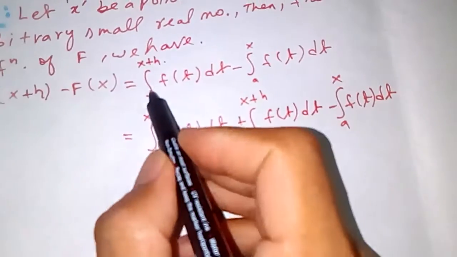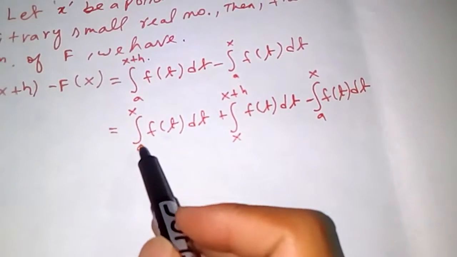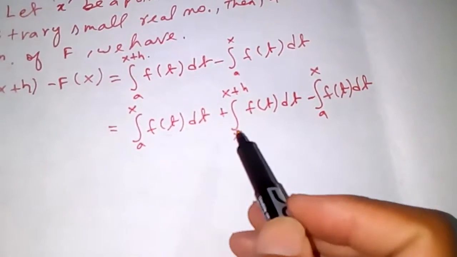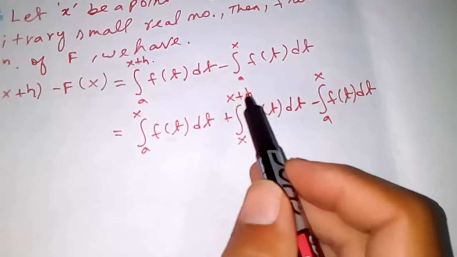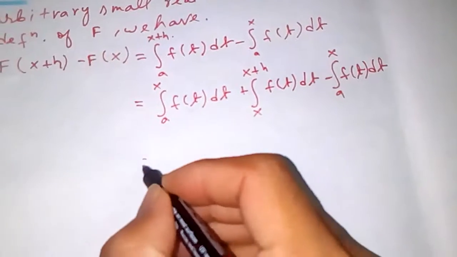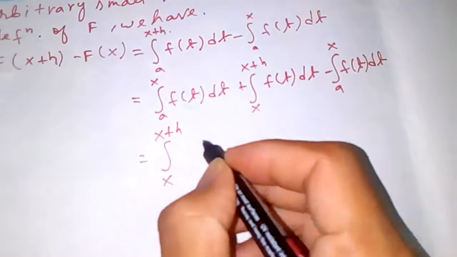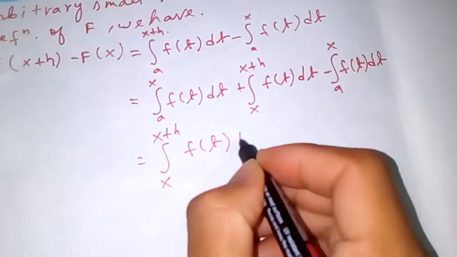The integral from a to x plus h is the same as the integral from a to x plus the integral from x to x plus h. So these two get cancelled, and here we get the integral from x to x plus h of f of t dt.